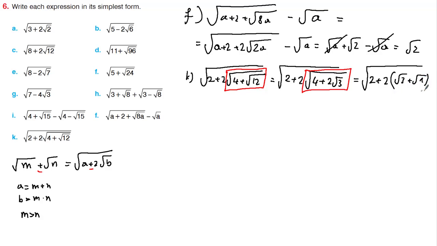All right, next, let's see. I think we can get rid of some of those brackets like this. So 2 root of 3 plus square root of 1 being just 1 here. 2 times 1 is 2. So finally we get 4 plus 2 root of 3.